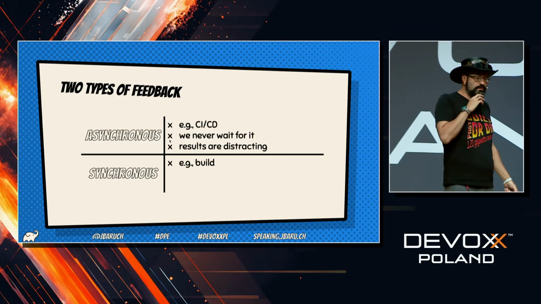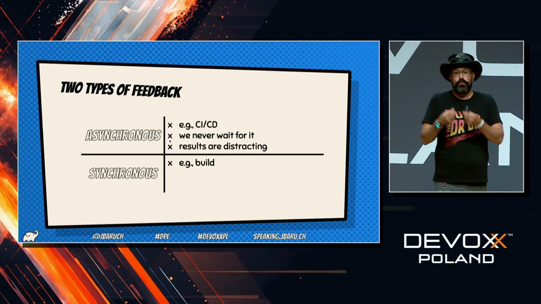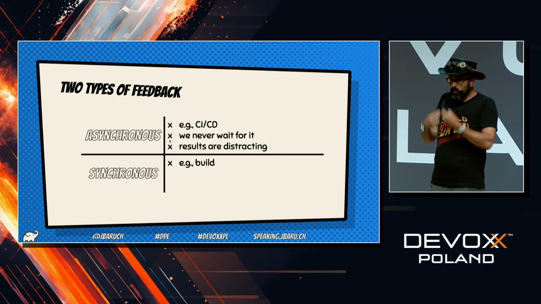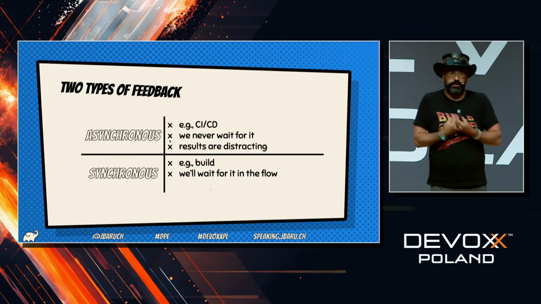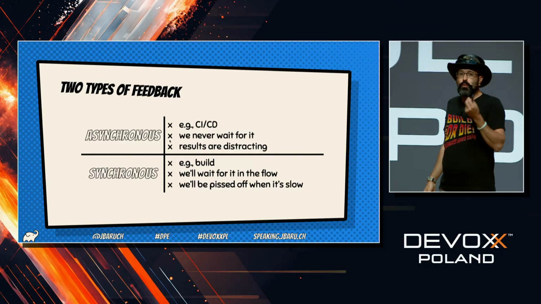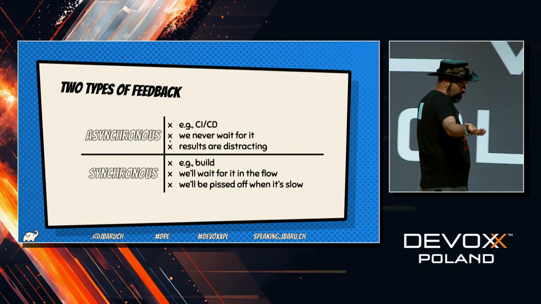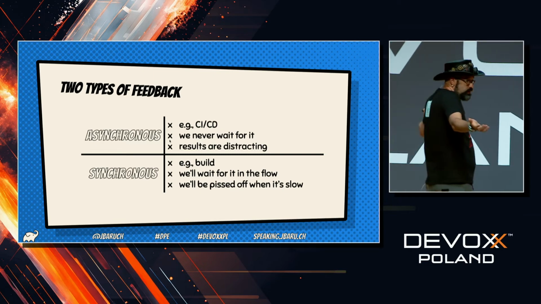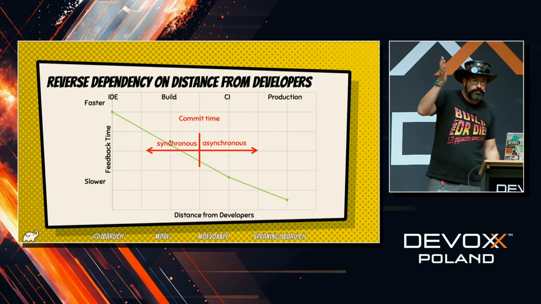Synchronous is what we wait for. For example, our build. We want to run a local build, we want to get the result while we're in the flow, and then we are very, very annoyed when it is slow. Why are we annoyed when it's slow? Because we wait for it and we sit there like idiots and wait for it.